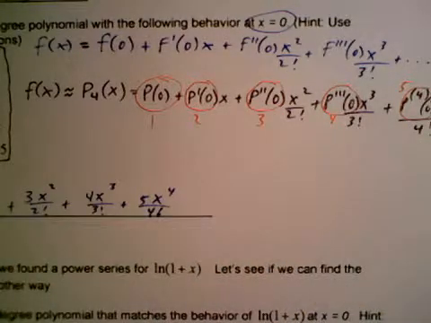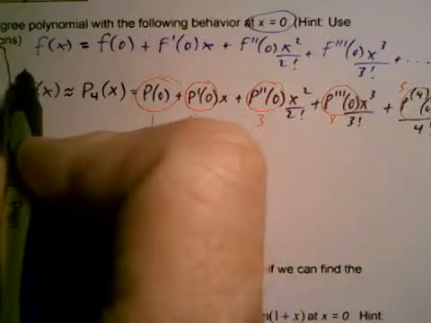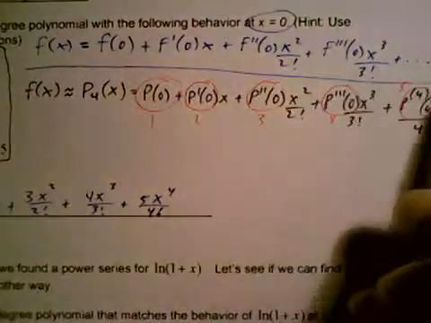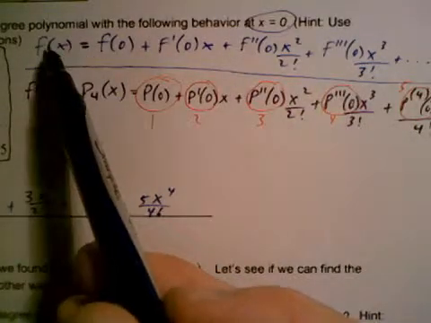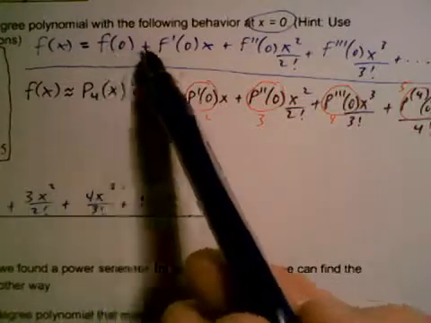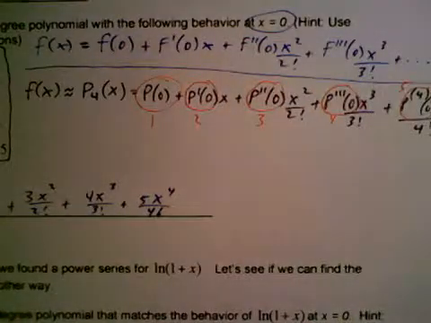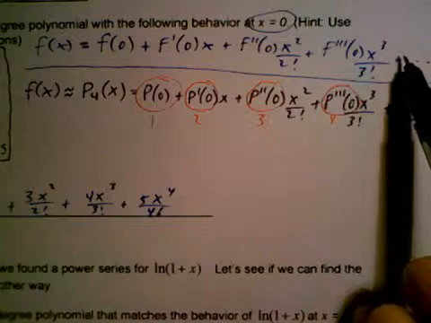So don't sweat it if it's going a little bit over your head right now, but try to understand that this equation, in which you take a function and rewrite it in terms of an infinite series, is going to be your bread and butter right there.